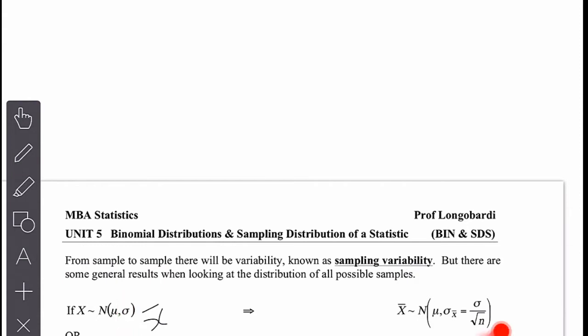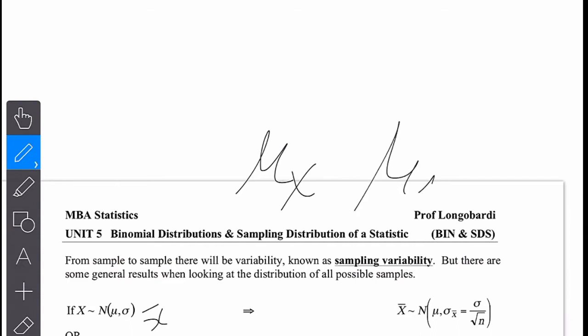By dividing by the square root of n, you'd have the new standard deviation. I'm going to refer to things as old and new, just like when we talked about the mean of the count variable and the mean of the sample proportion. Now we're going to talk about the mean of the sample mean. Sounds weird, but just hang in there.